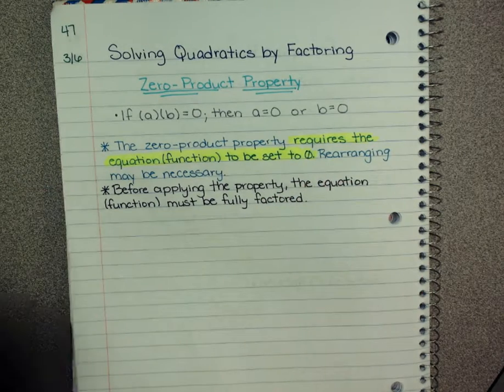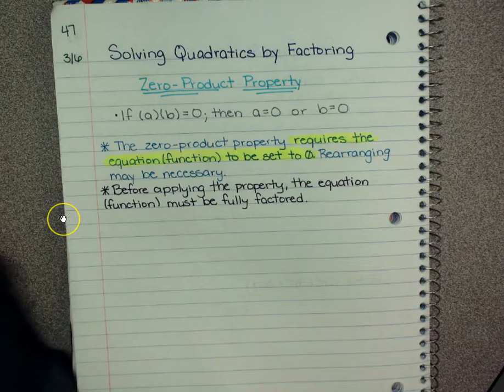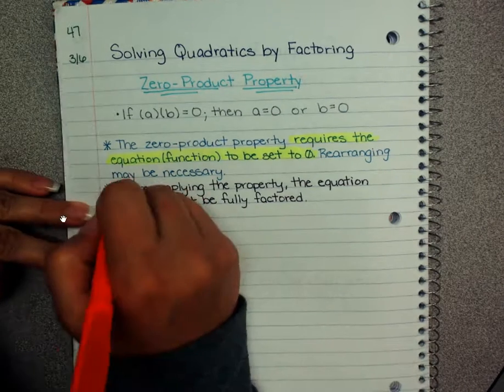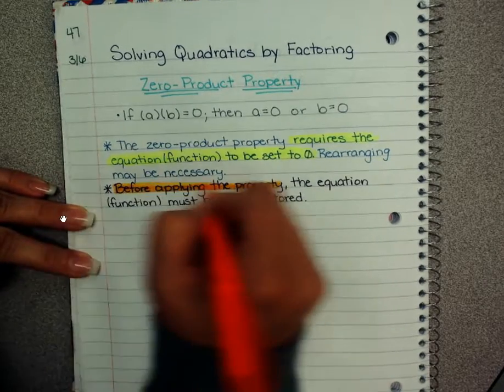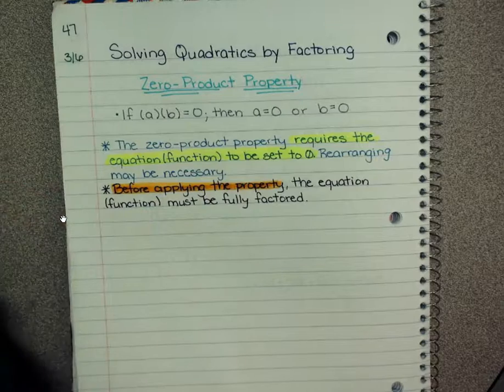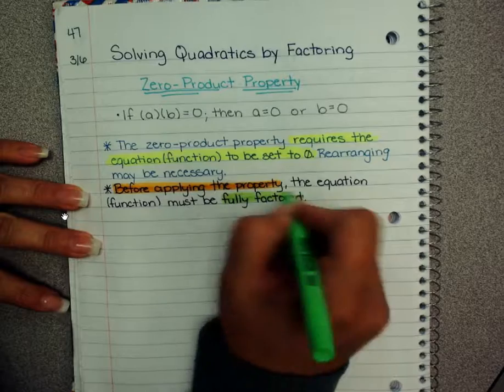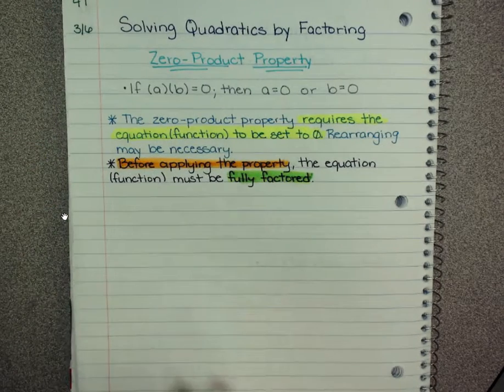Okay, so what's really important and key out of this statement, highlighters, okay, is that before applying it, we have to be fully factored, okay? It has to be fully factored. Like, super important. We can't just half that job, okay? We got to make sure it's fully factored.